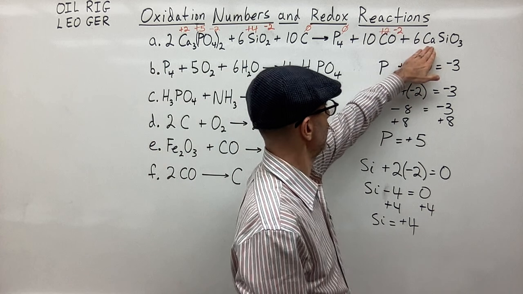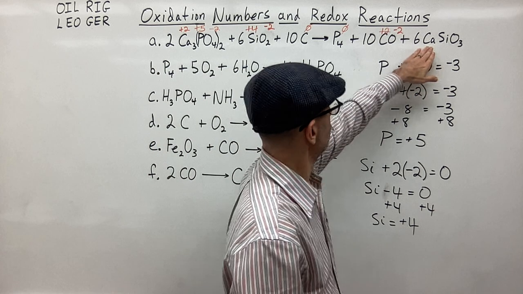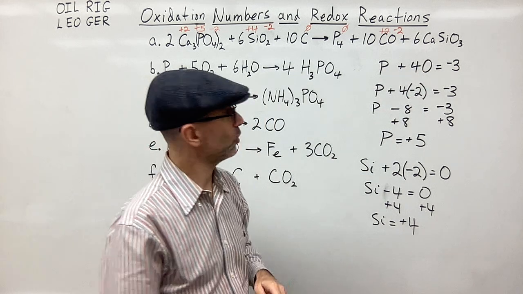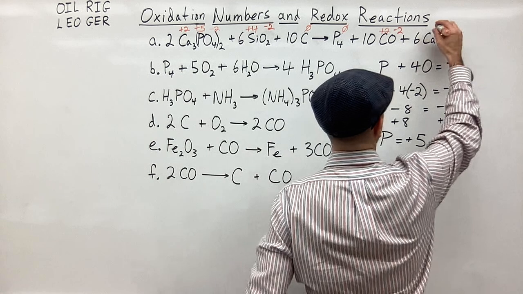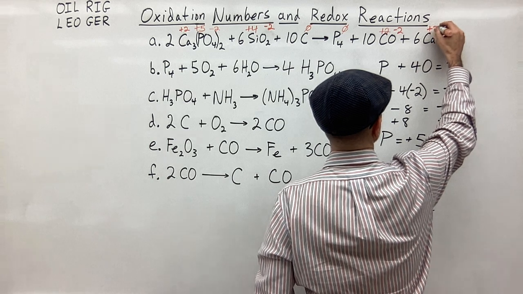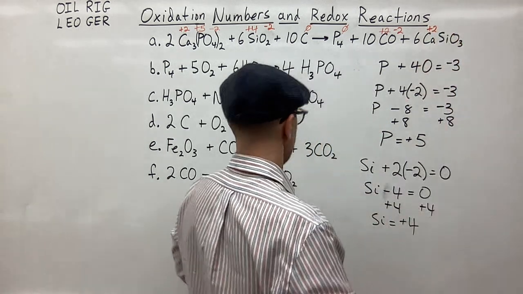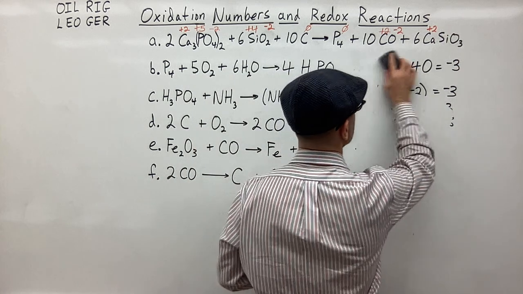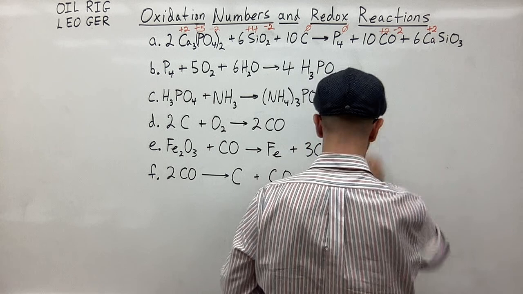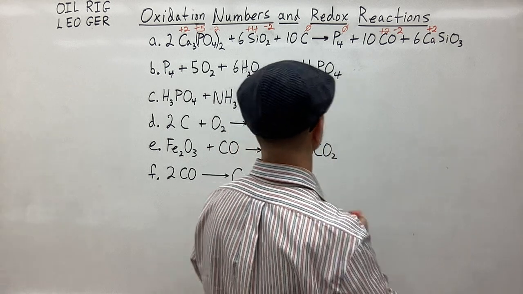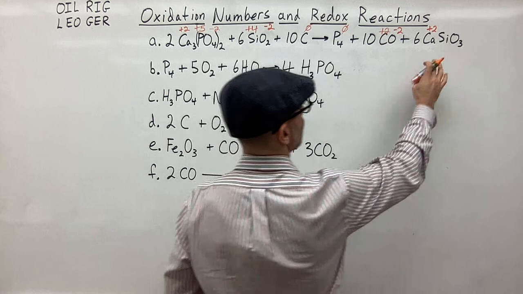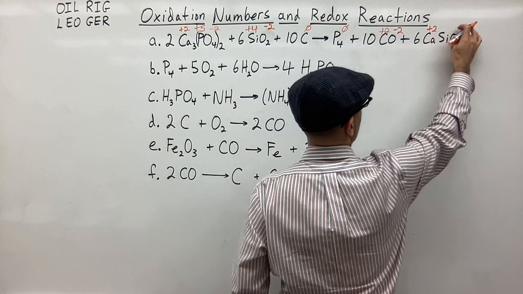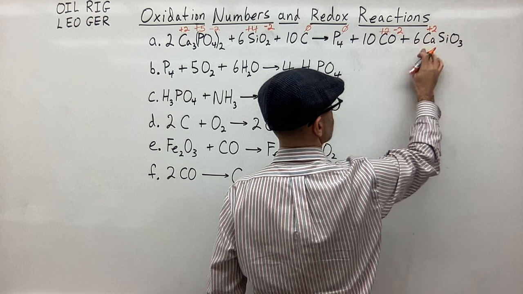Okay, finally we get to this one, calcium. Calcium again has a +2 charge, so that doesn't change. So the oxidation state is +2 for calcium. And then we have to do the same thing that we did before. So here, SiO3 is going to have an overall -2 because that balanced the one calcium.